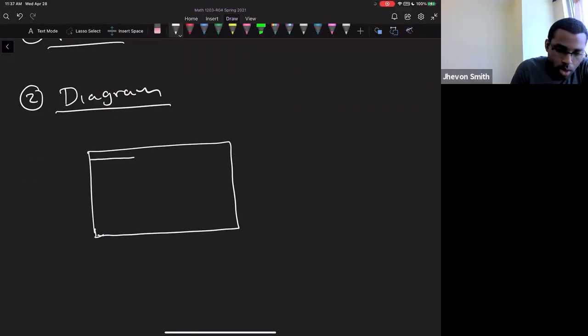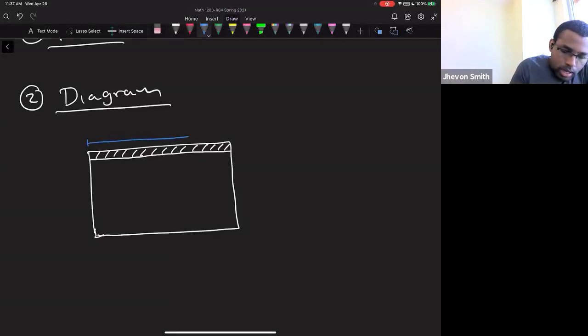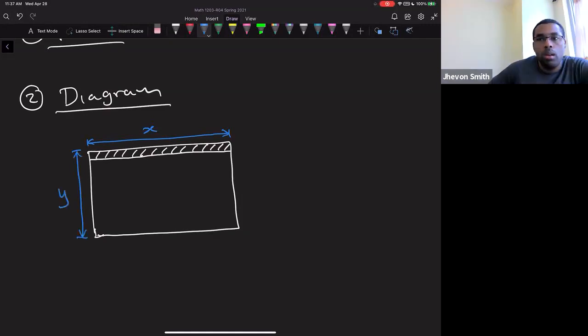One of the sides here is cement. So that side is different from the other sides. Here, I'm going to call this length X, because we need to find the dimensions. This length here, Y. And so that's our diagram, that's our situation.